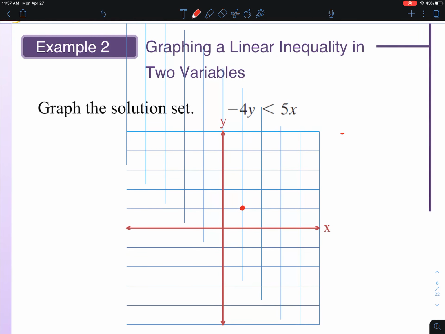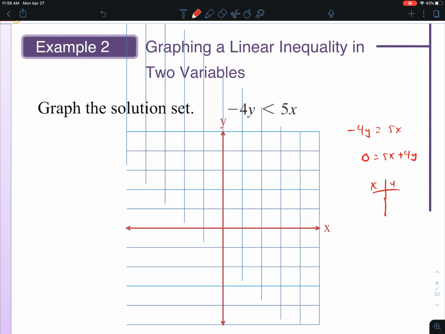So here we have negative 4x is less than 5y. So what I'm going to do is move the 4x over to this side, and then let's see if we can pick a test point for a graph or equation here.